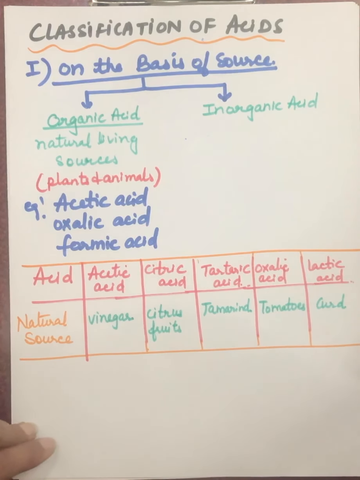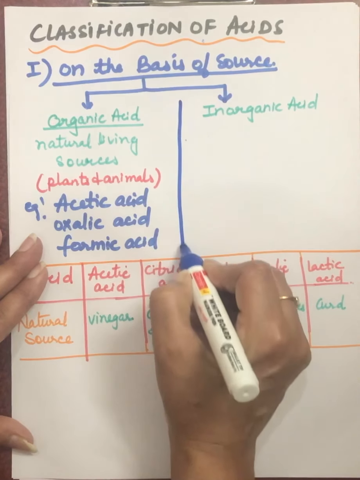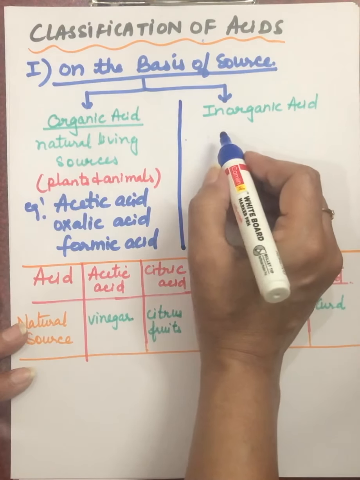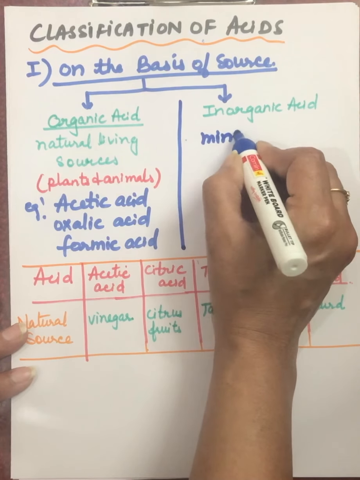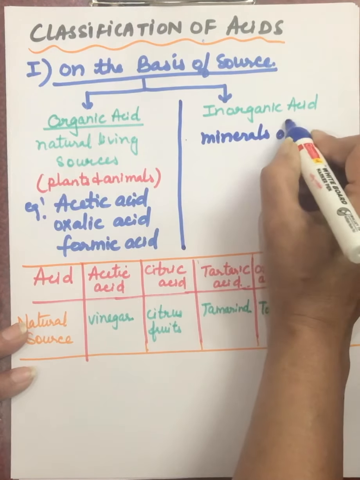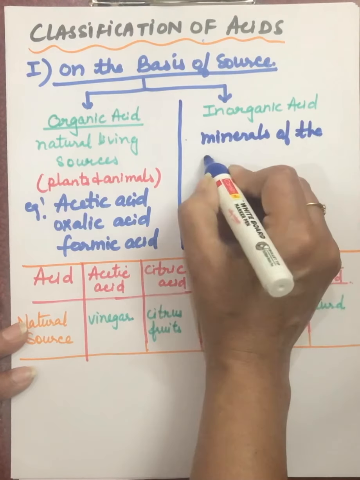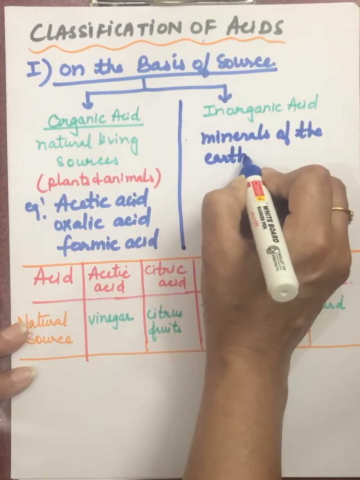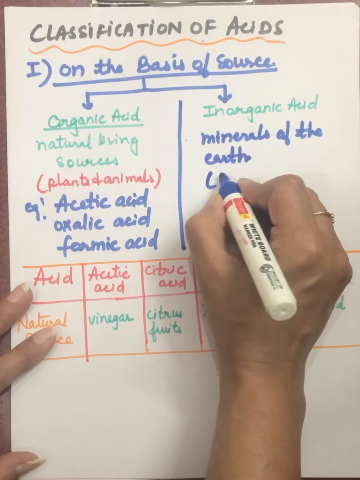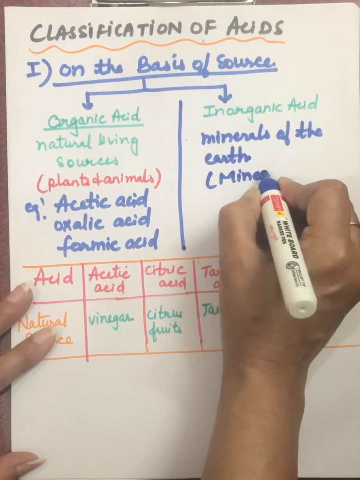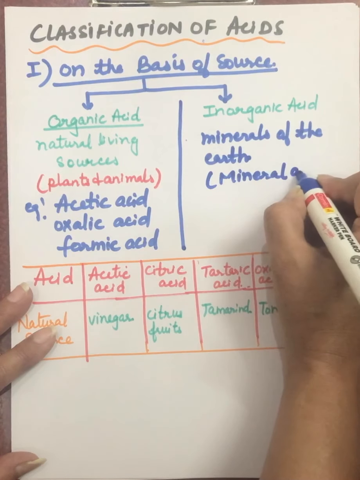After organic acids, now moving on to inorganic acids. The acids which are obtained from minerals of the earth, from non-living things, are called inorganic acids. Since we get them from minerals, these are also known as mineral acids.